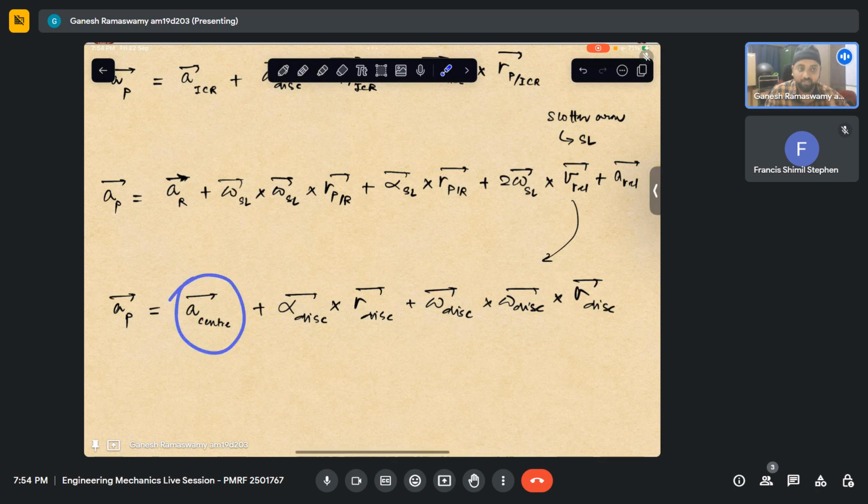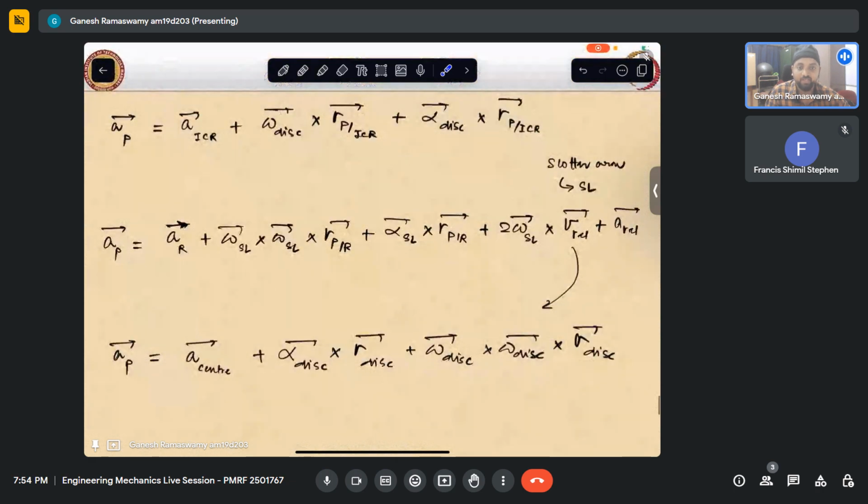However, the acceleration of the center will not be zero. That is what we need to take care of. It will not be zero because of the presence of alpha. So in these three ways, we can solve for absolute acceleration of P.